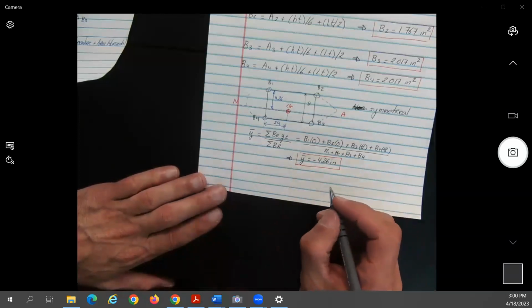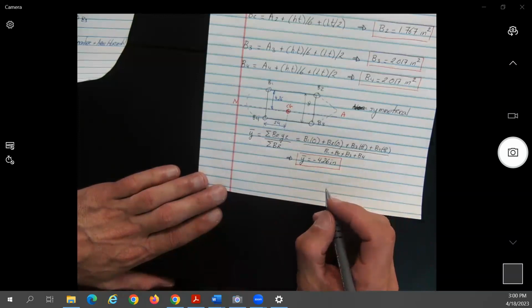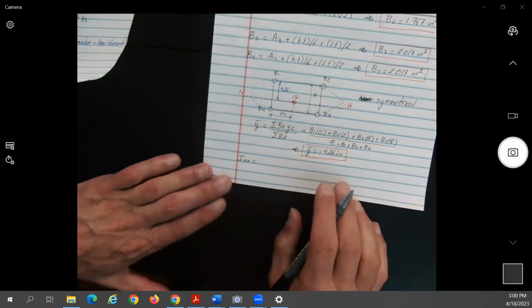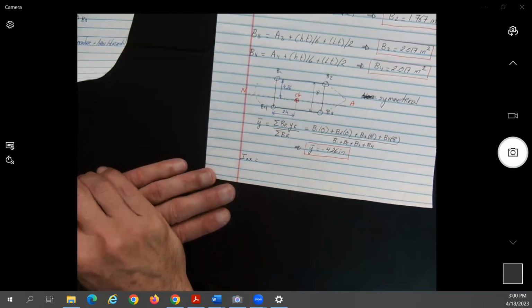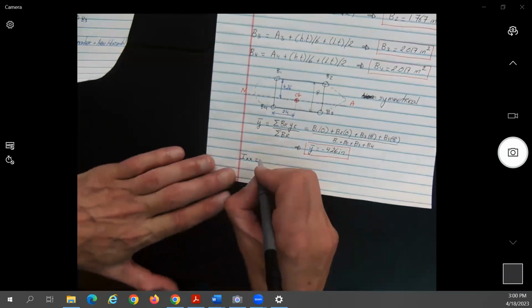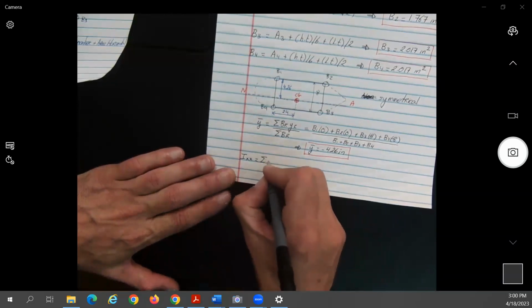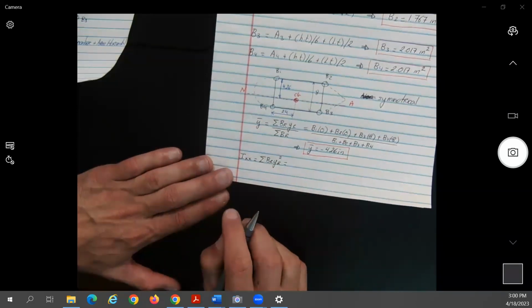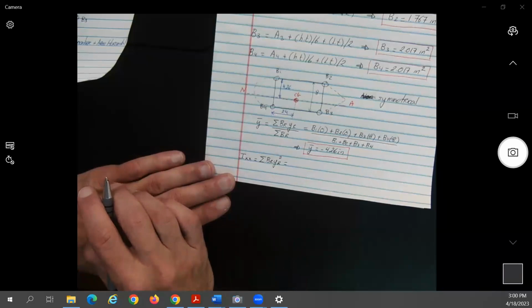Okay, so maybe we have space over here to do this one. So IXX should be equal to what? The summation of B sub R Y R squared. I mean, you just did that one, the assignment. So what should be this one?